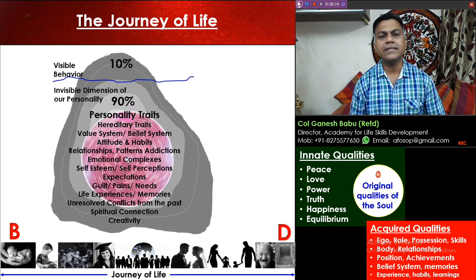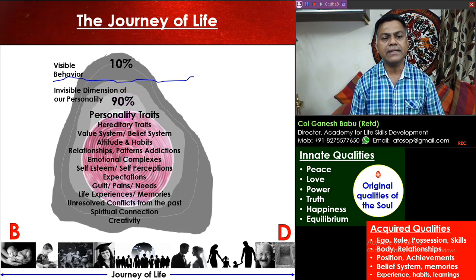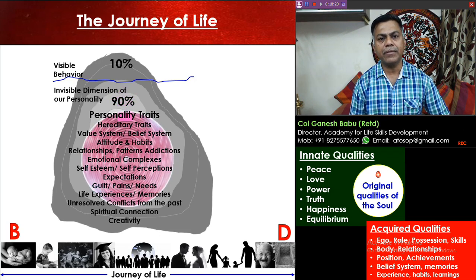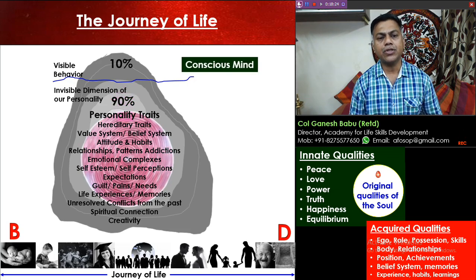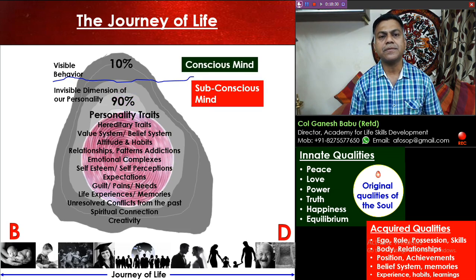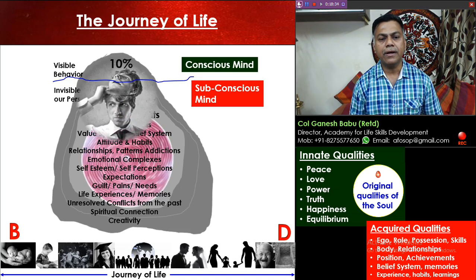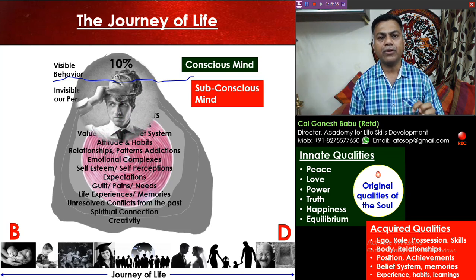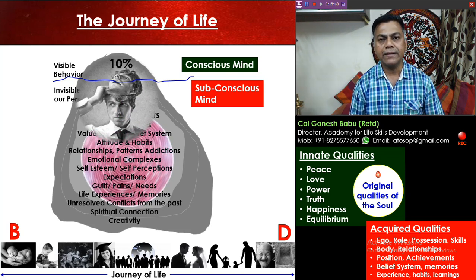This is the inner dimension of me, and continuously these things deep inside me influence my 10% conscious brain. This top 10% is called the conscious mind, and I'm sure all of you have seen this model in a different format. So I have two faces: one that I want to show, and second that I do not show, or sometimes I am myself not aware of.